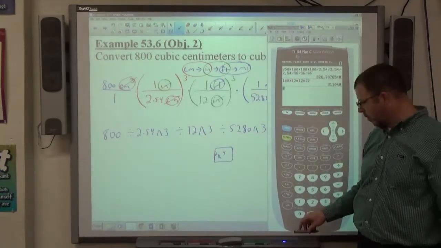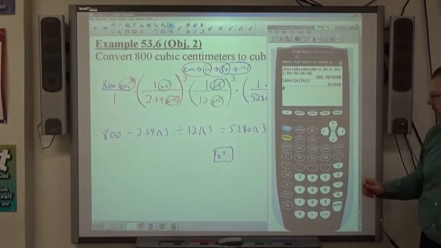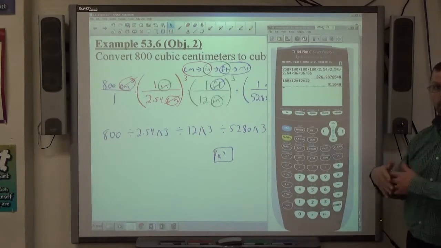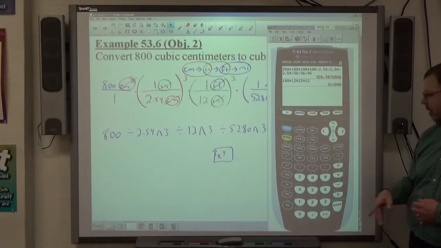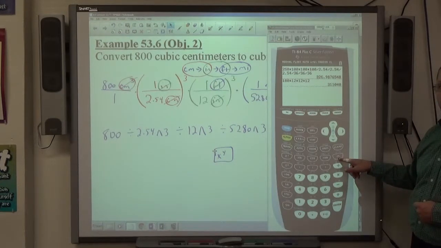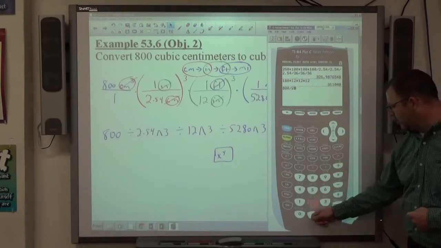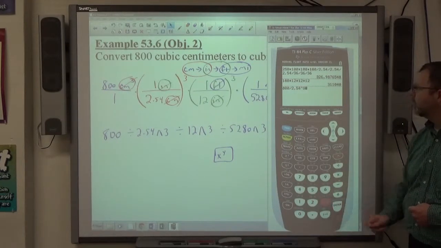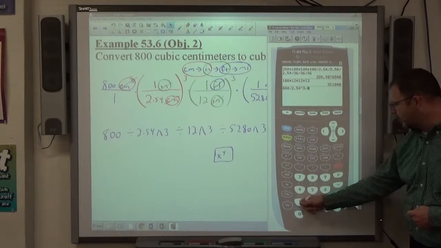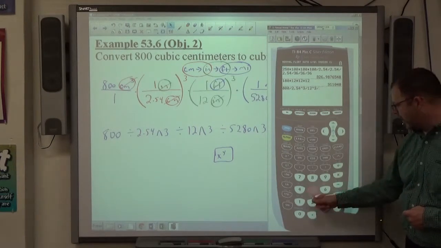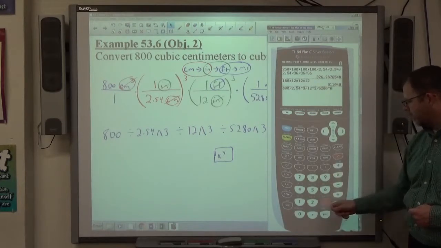Know how your calculator works. x squared is just a 2nd power, but x to the y means you can make the power you want. We want the 3rd power. So I'm going to hit the little caret key to put a 3rd power on these. So 800 divided by 2.54 caret 3, divided by 12 caret 3, divided by 5,280 caret 3.